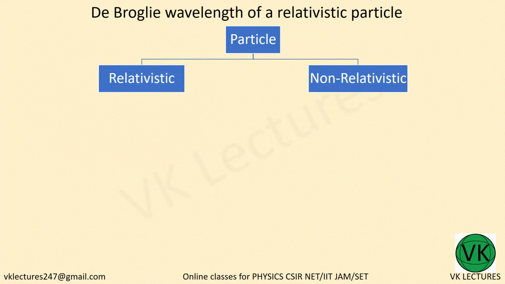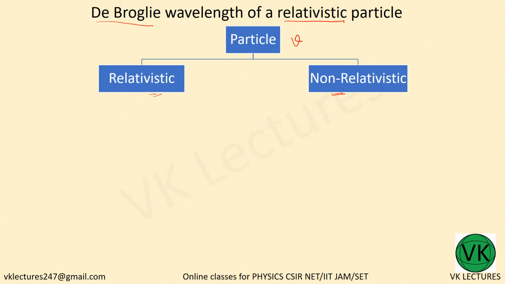De Broglie wavelength of a relativistic particle. Now before understanding this de Broglie wavelength for a relativistic particle, we will first understand what a relativistic particle is. If there is a particle moving with some velocity v, it can be considered as a relativistic particle or a non-relativistic particle. Now, how to divide relativistic and non-relativistic particles?